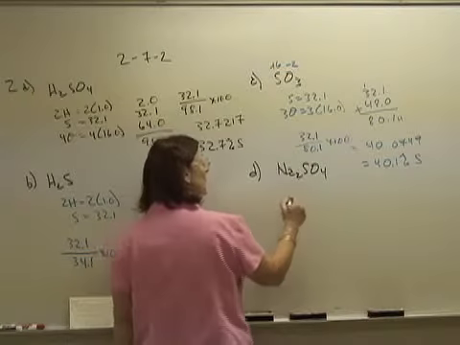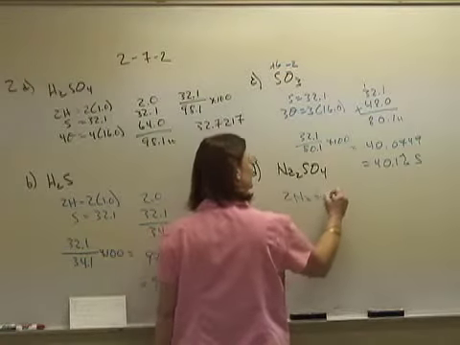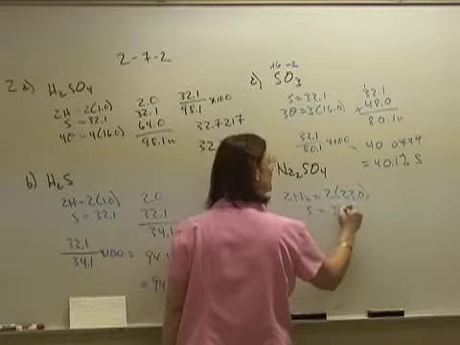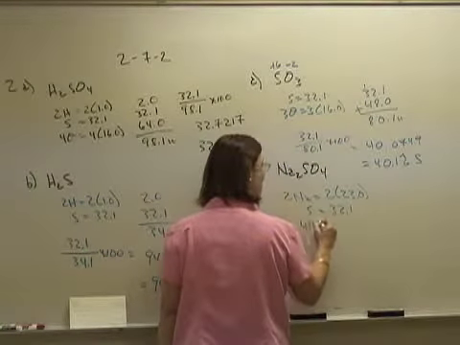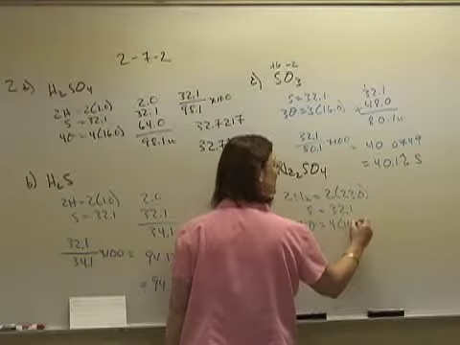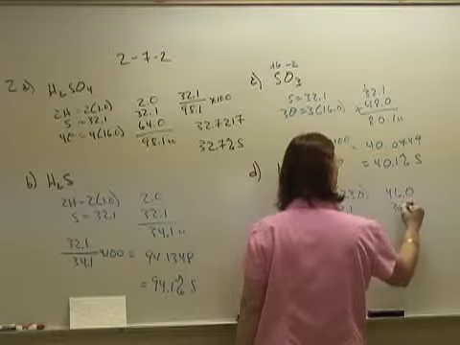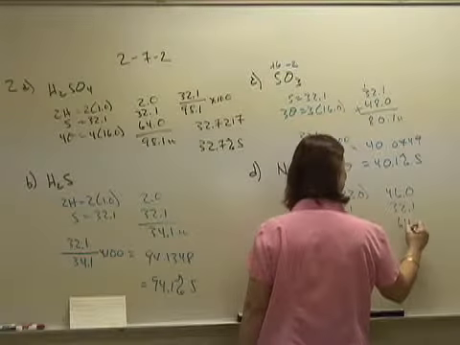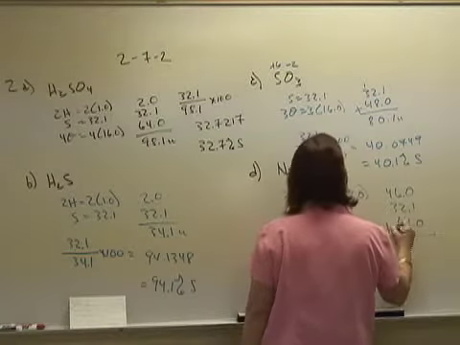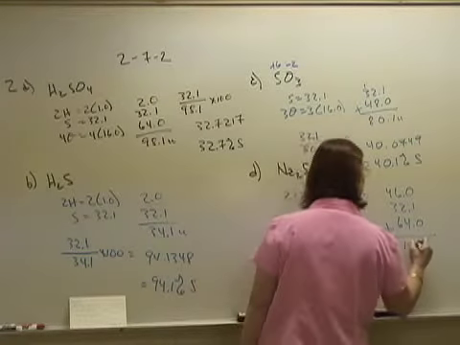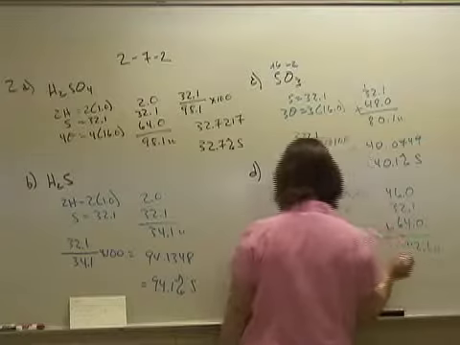Now for this last one, I have 2 sodiums, 2 times 23.0, sulfur is 32.1, and 4 oxygens is 4 times 16.0. Therefore, I have 46.0, 32.1, and 64.0, and when I add them together, I get 142.1 AMU.